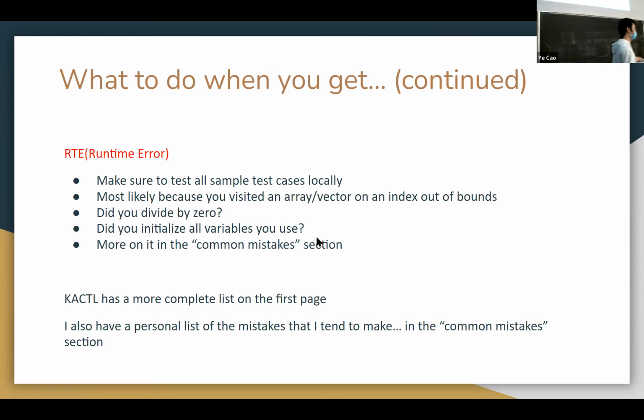Unlike Java and Python, where when you create a variable its value is automatically assigned a default value, like 0, in C++, when you create a variable, it just sits in the memory, and whatever was previously there in the memory will be stored in your variable. So whenever you create a variable, initialize it, set it to 0 or something else. And more on it in the common mistakes section.